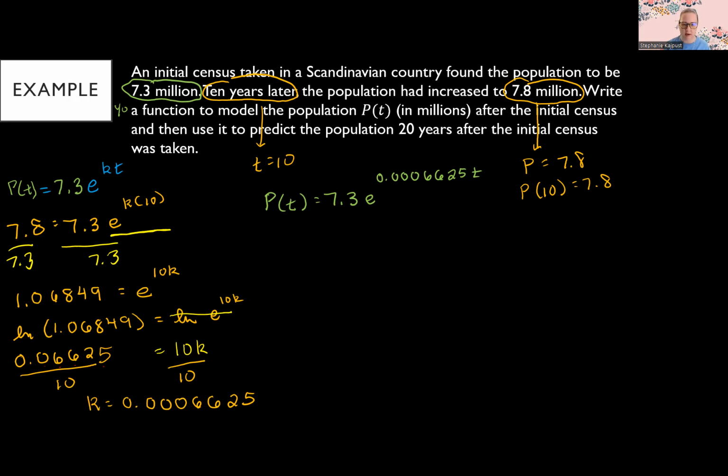So you are hitting that button and then you're typing in 1.06849. And that's taking the natural log. It's like you take a square root. It's just an action you are doing to a number. Are there other questions?